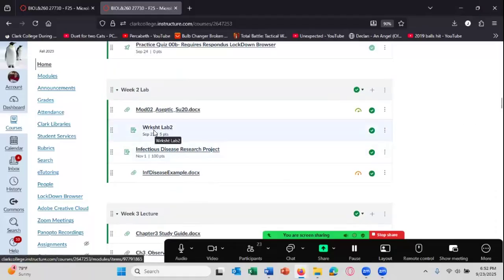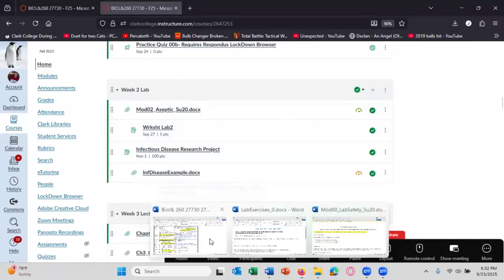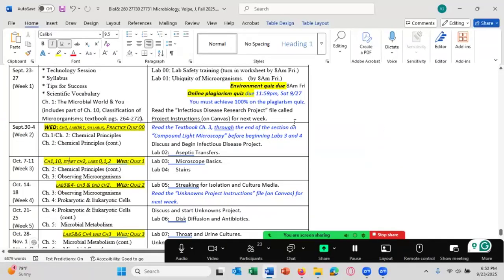Yep, that's wrong. Obviously, worksheet lab 2 should not be September 27th, I don't think. Yeah, that should be September 4th.